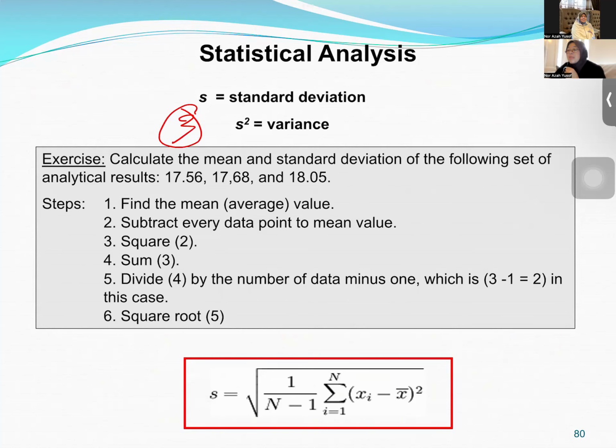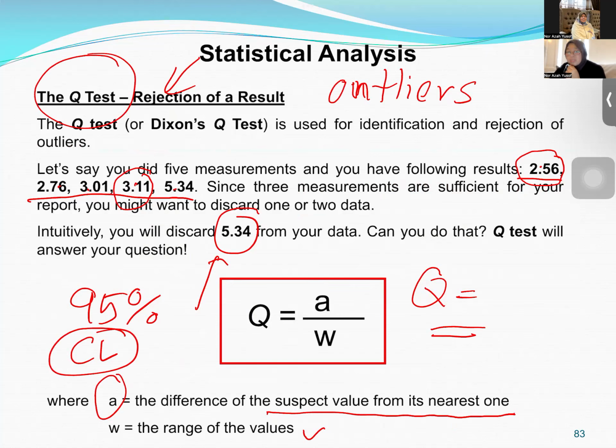And one last thing, I need somebody to talk about the confidence level. You can share your slides, or your MS Word page, or you can just draw, or you can use my slides to explain. So I need 4 people: mean, standard deviation, variance, and confidence level for the next session 8 to 9.